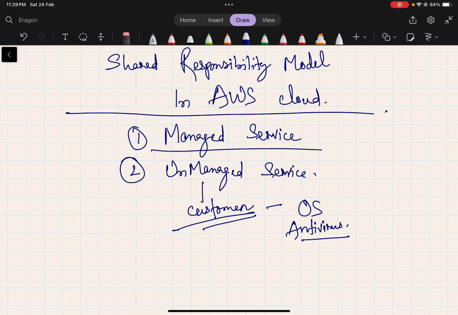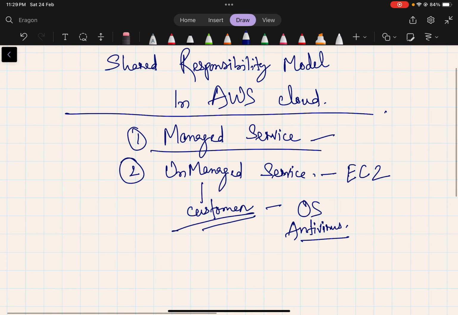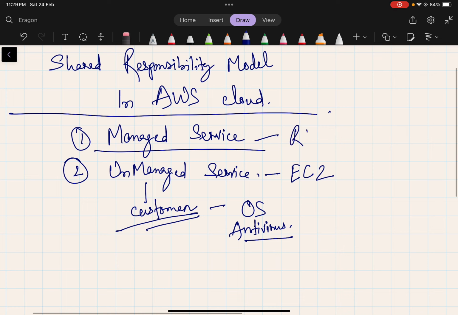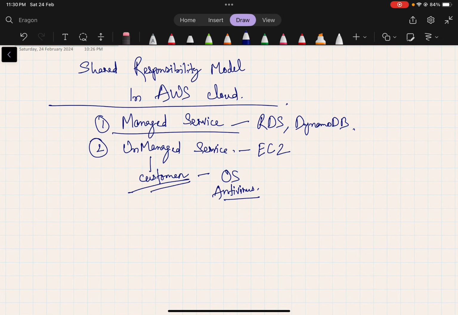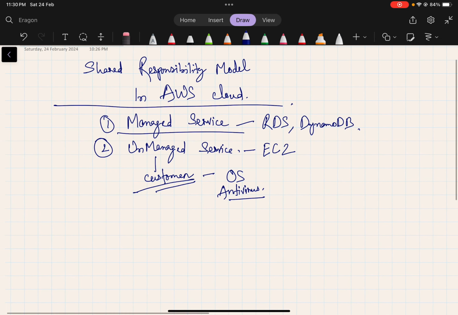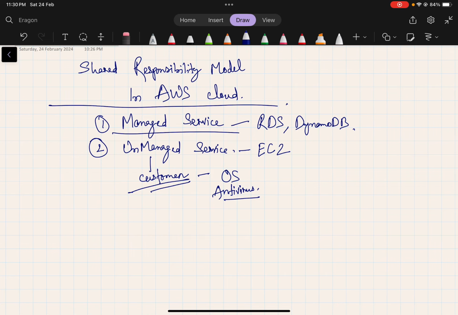One example of an unmanaged service is an EC2 instance. Do you know about EC2 instances? If not, we'll cover it later. RDS, the relational database system, and DynamoDB are managed services.